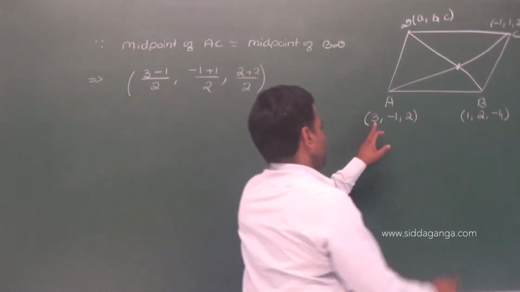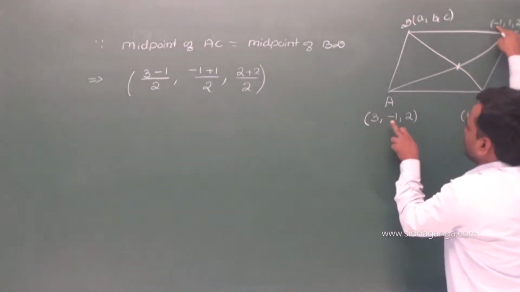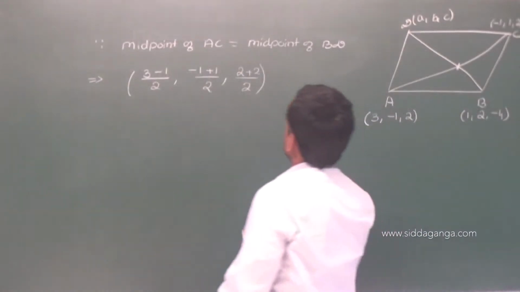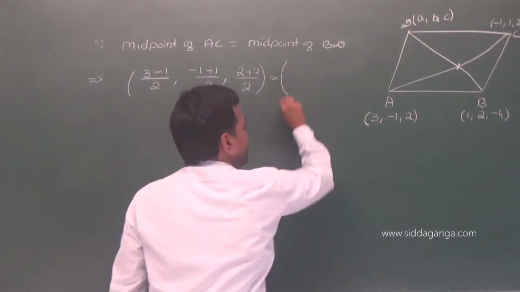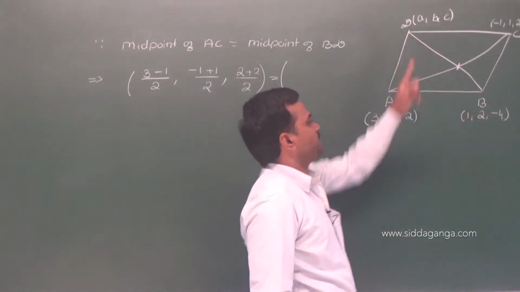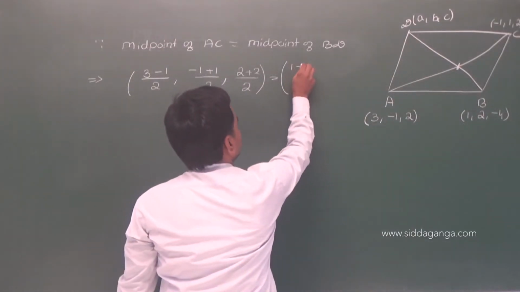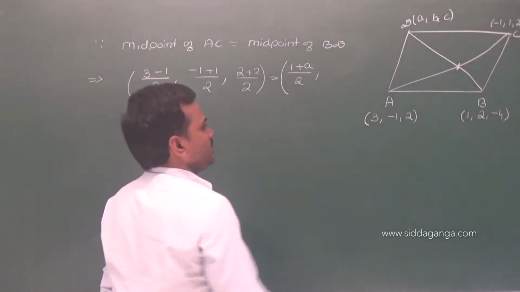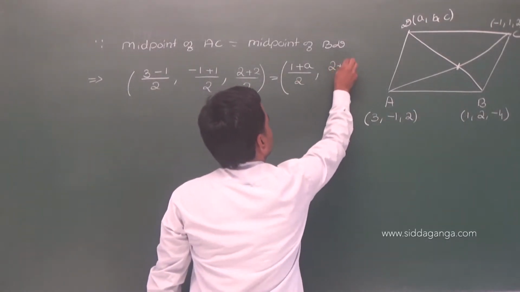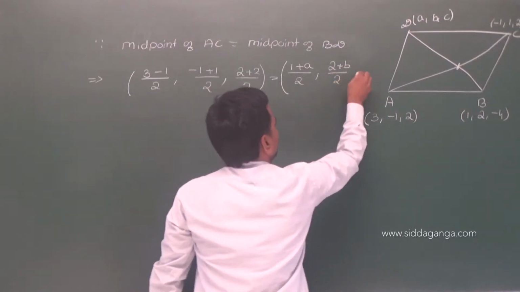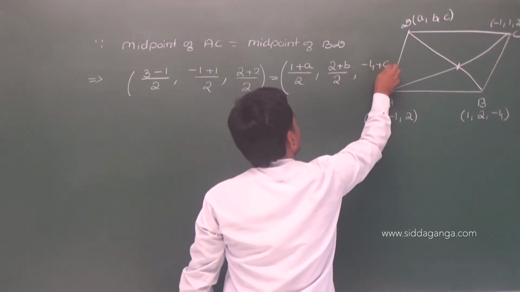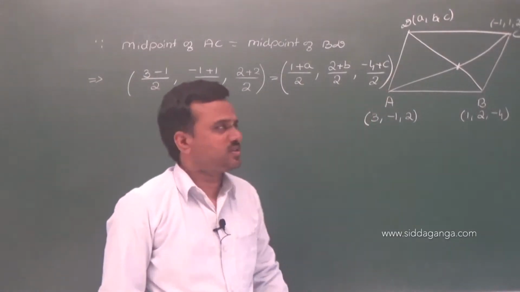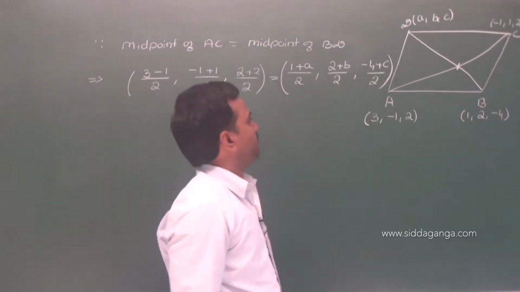That is, x1 plus x2 by 2, y1 plus y2 by 2, z1 plus z2 by 2. That is equal to the midpoint of BD: 1 plus A divided by 2, 2 plus B divided by 2, minus 4 plus C divided by 2.